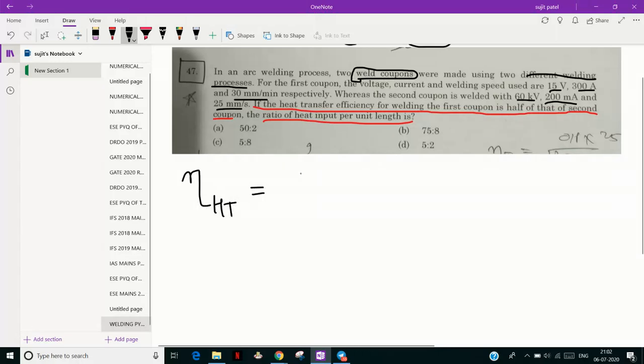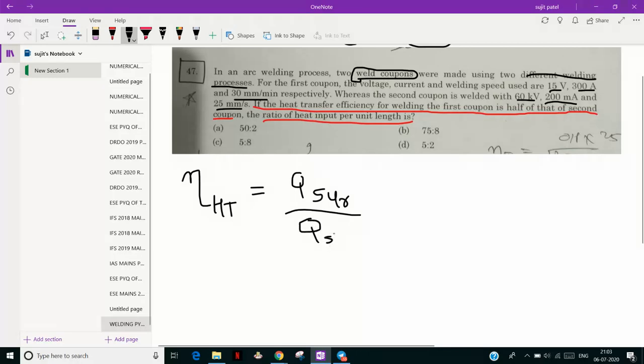It is the heat that is reached to the surface, divided by how much heat you have supplied. Sorry for the bad handwriting.